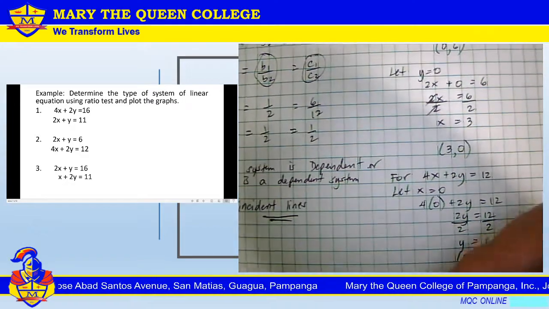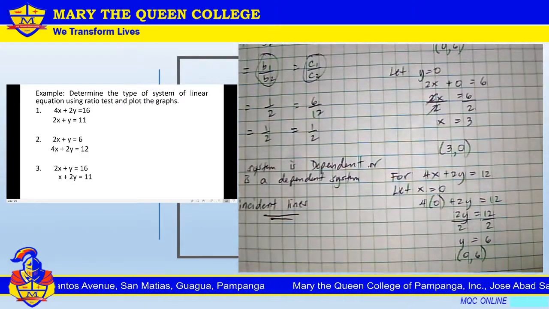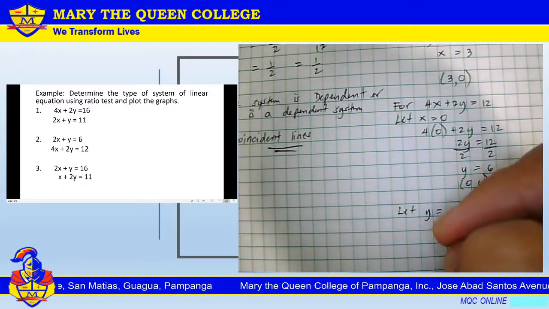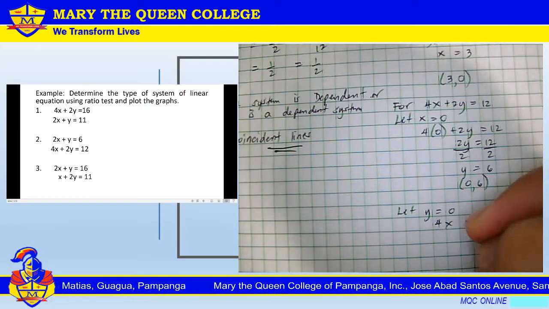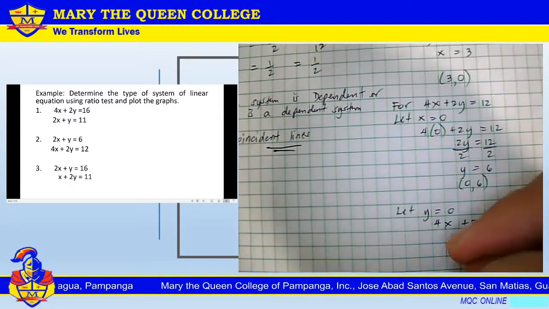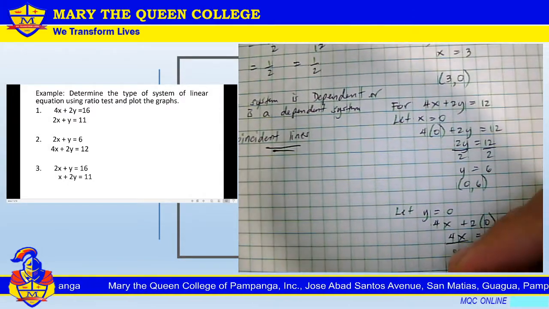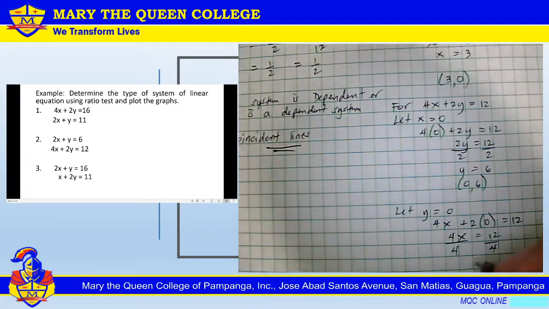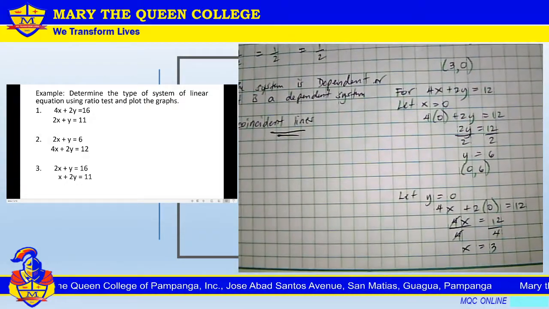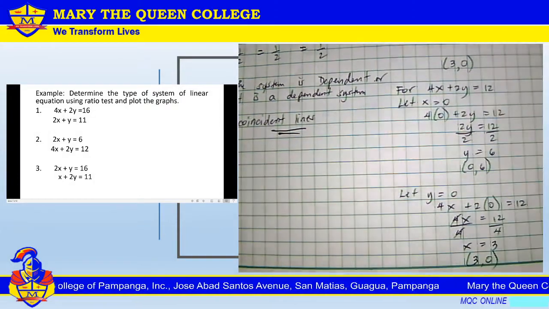Then for y equals 0, we have 4x plus 2 times 0 equals 12, leaving 4x equals 12. Dividing by 4 on both sides, x equals positive 3. So our ordered pair would be 3, 0.